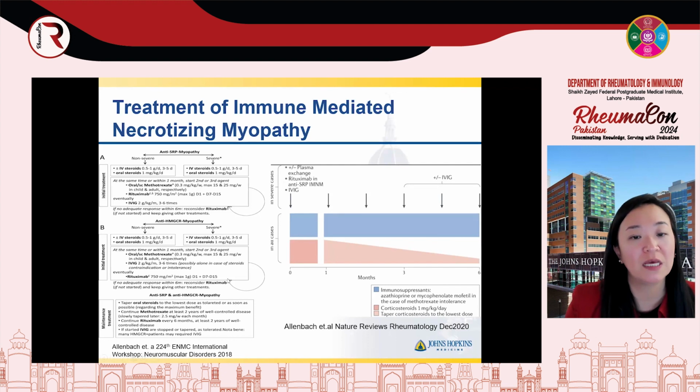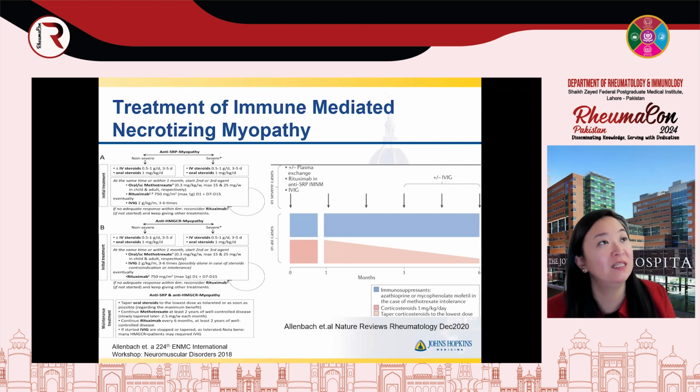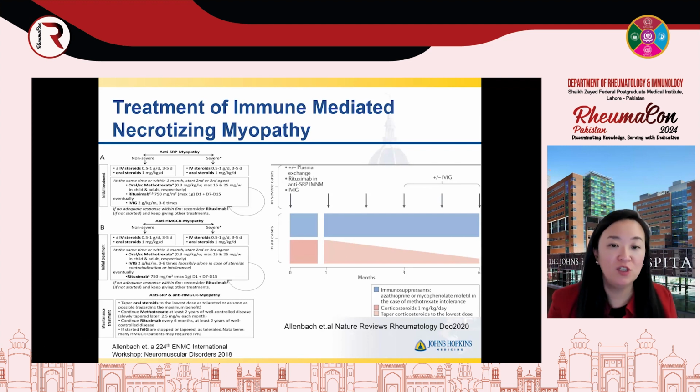And we do this. Now, for HMG-CR, there's a wealth of data that IVIG works extremely well. We've seen this because HMG-CR was discovered by my colleagues, Dr. Lisa Christopher-Stein and Andy Mammen, and also Livia Casciola-Rosen, so we have quite a number of patients in our cohort who are HMG-CR positive.